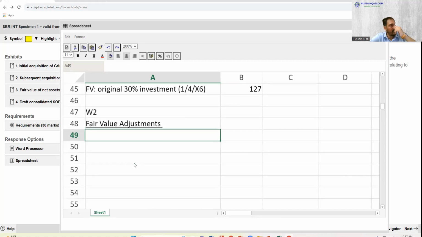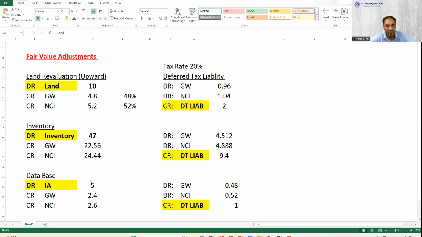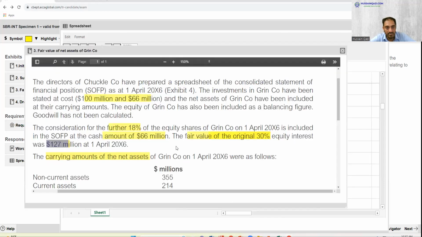Number one, one by one. Land increased by, we have already covered the things.